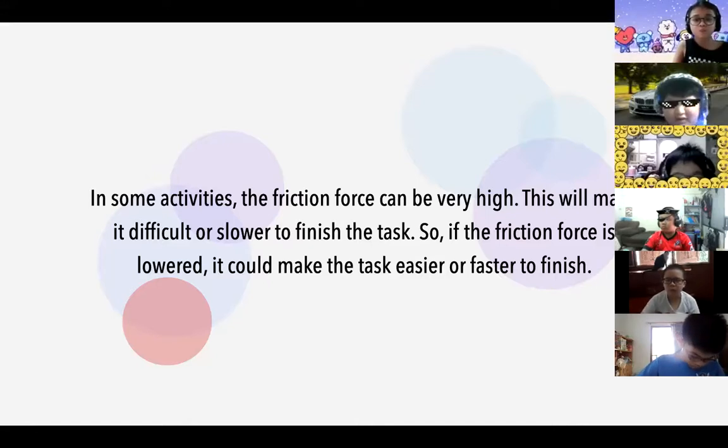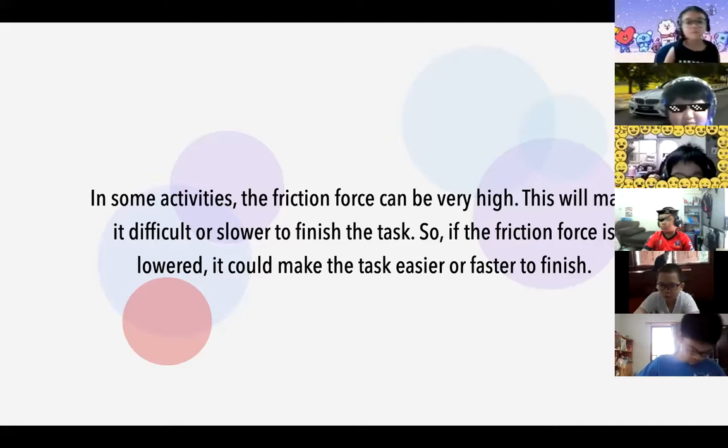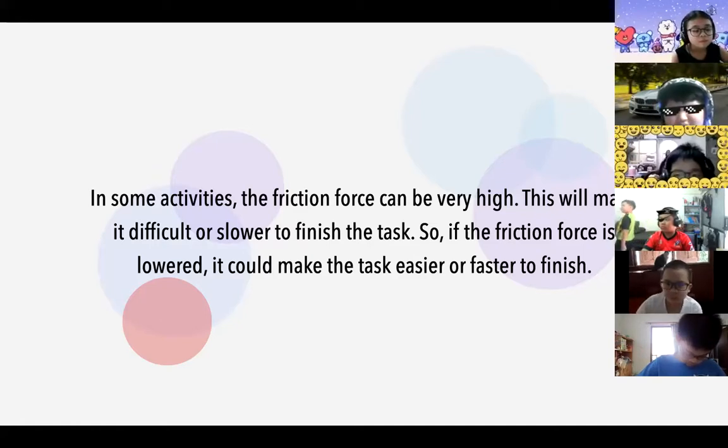For activities, if the friction force is high, it is difficult to finish the work or to move. If the friction force is low or lowered, the task is easier or faster.